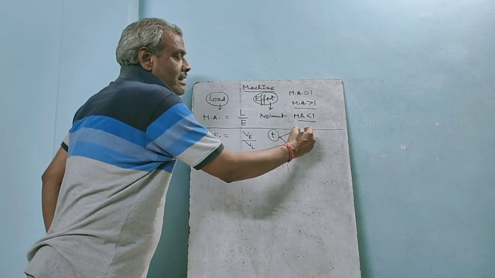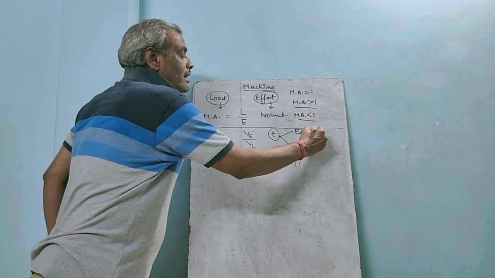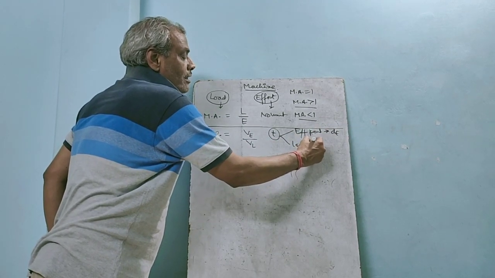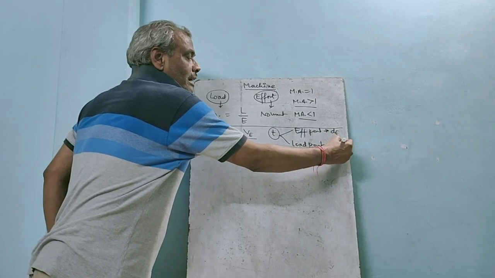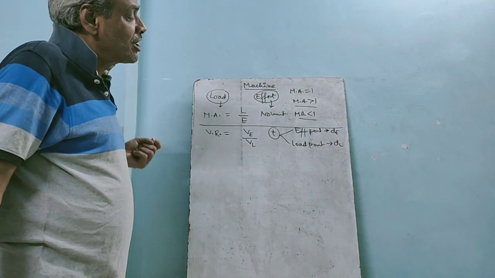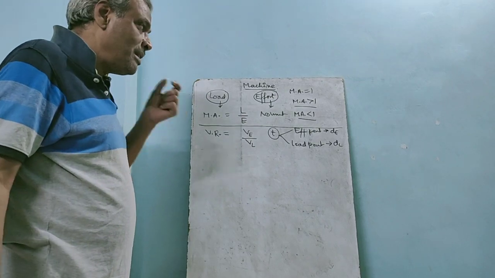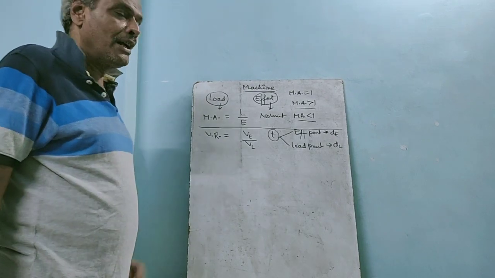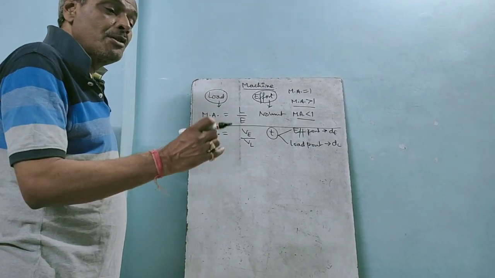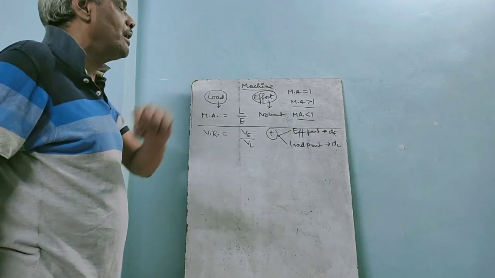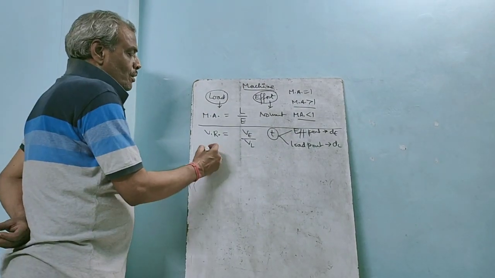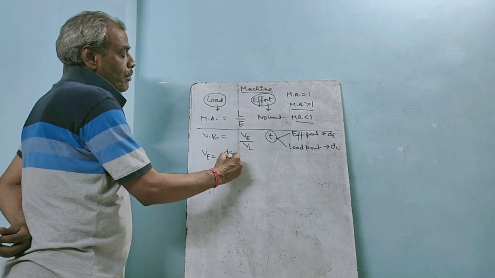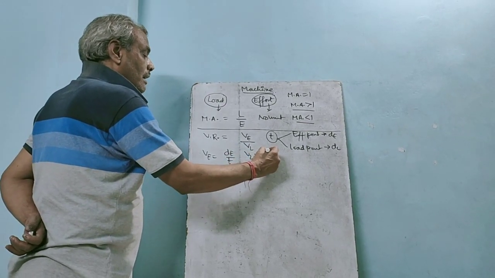Suppose in t seconds, the effort point is displaced by dE and the load point is displaced by dl. The effort point is the point where we apply effort on the machine, and the load point is the point where the machine applies force on the load. So what is the velocity of effort? dE upon t, and the velocity of load is dl upon t.